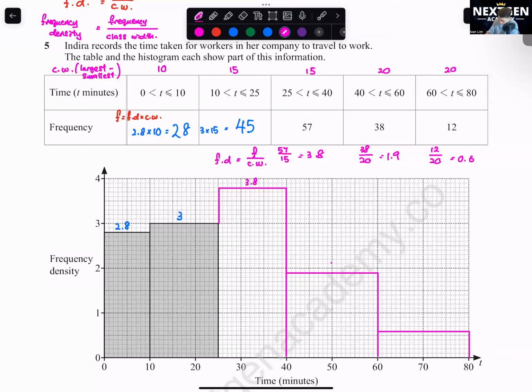Normally they will give it to you, but in this question they didn't give. So I need to add it all up together: 28 plus 45 plus 57 plus 38 plus 12. That's why you see here, got up to 4 marks.